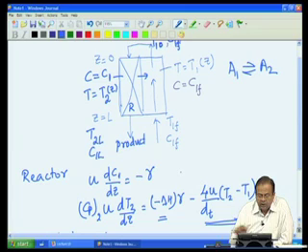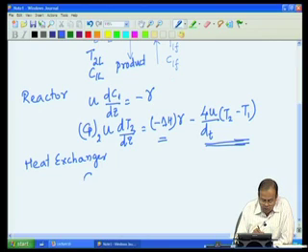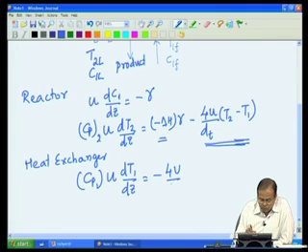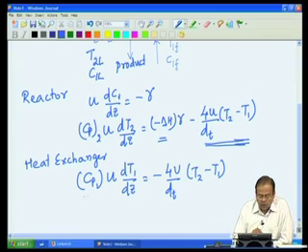What is happening in my heat exchanger? There is no reaction. So the concentration remains the same as C1F, only energy is getting transferred from the reactor side to the gases that are flowing on the shell side. Again, the energy content minus, we are assuming the velocity remains the same.